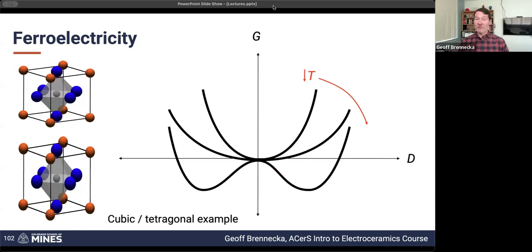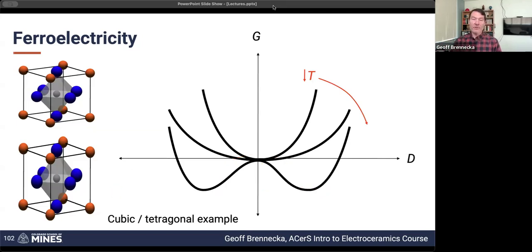What makes this ferroelectric is if the energy barrier represented by this free energy between these two low points, if that energy barrier is something that I can apply an electric field and get the ion to hop over, if I can push that ion or pull that ion with an electric field from one of these energy wells into the other one, that means that I can change the polarization of this unit cell between pointing up and pointing down.